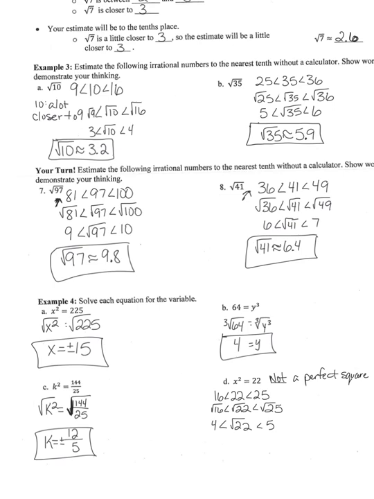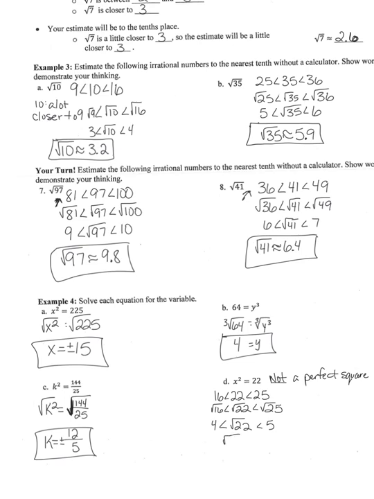So now this is where we look at our original work. 22 is closer to 25 than it is to 16. It is 6 digits from 16, while it's only 3 digits from 25. So I would say that it is closer to 5 than it is to 4.